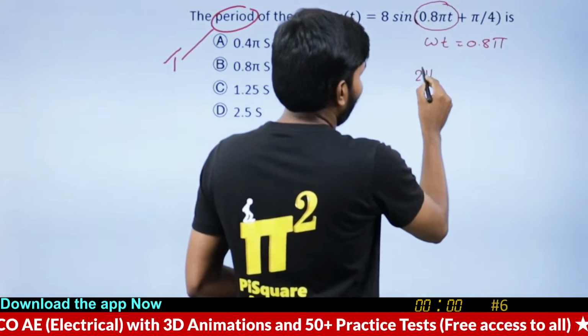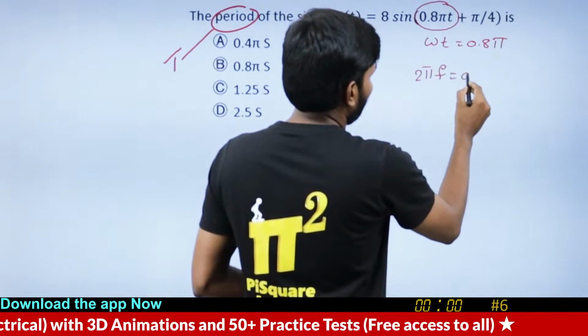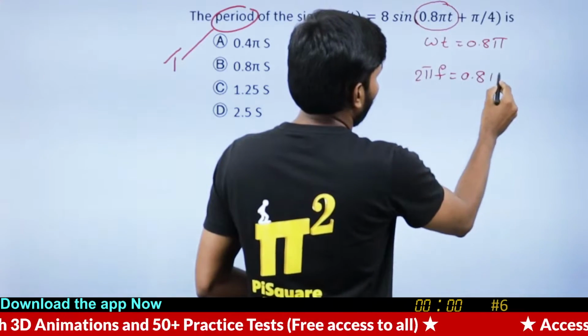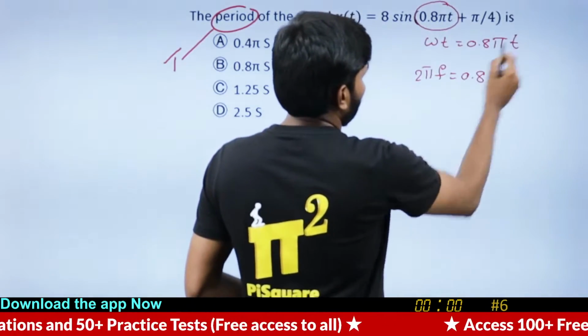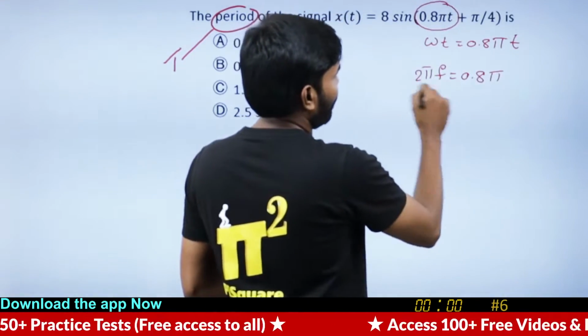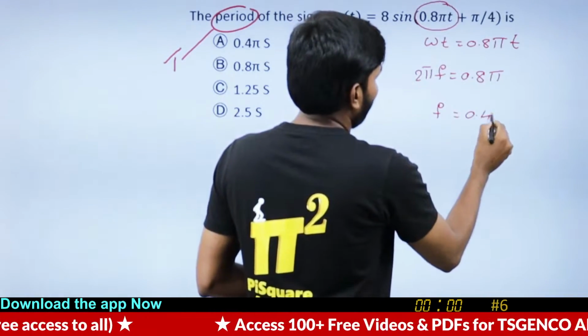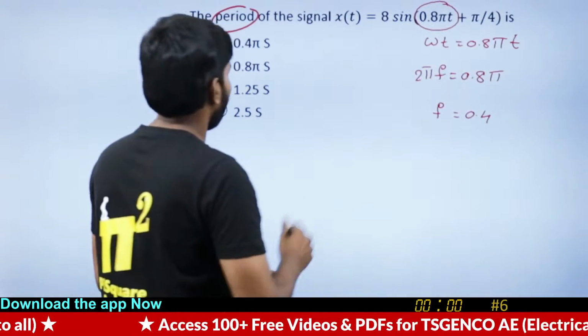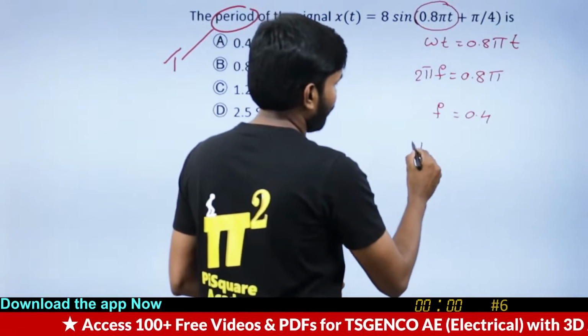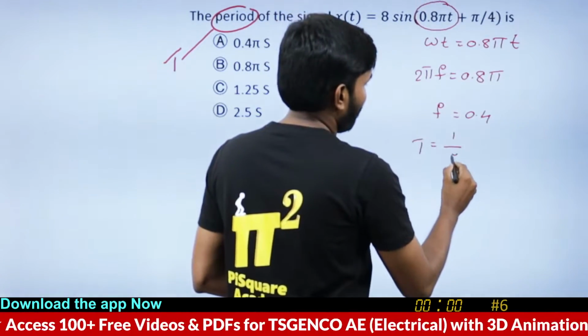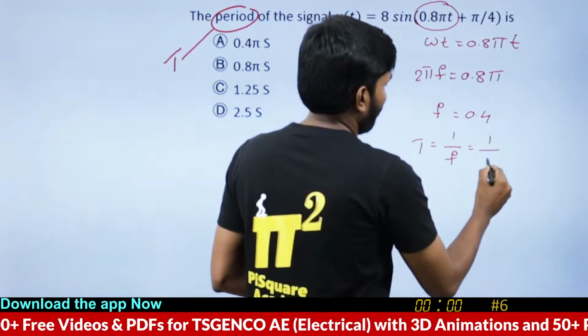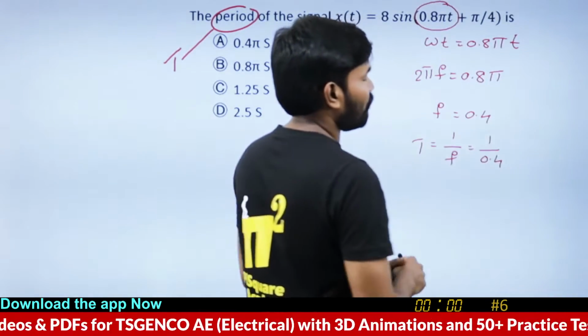Means 2 pi f is equal to 0.8 pi. Omega t is this much. Okay, so pi gone this way. So f is equal to 0.4. So time period is 1 by frequency, 1 by 0.4.